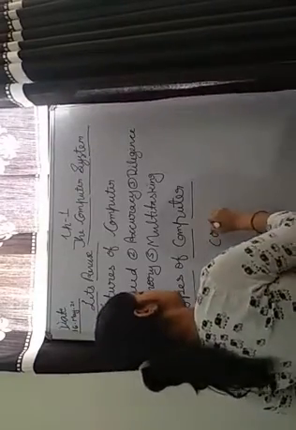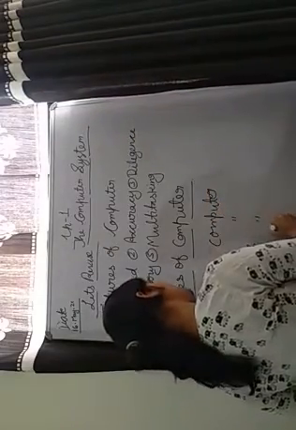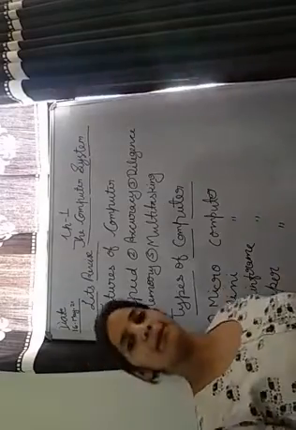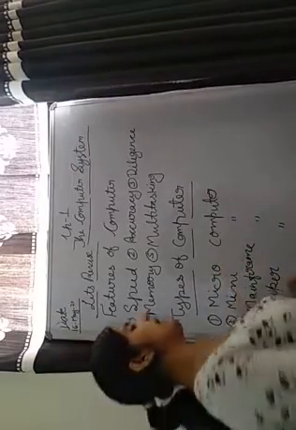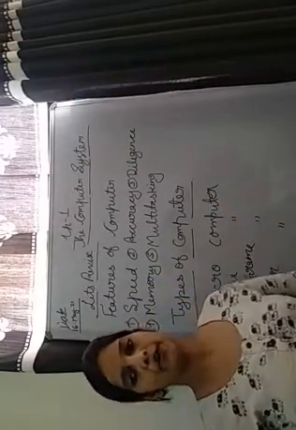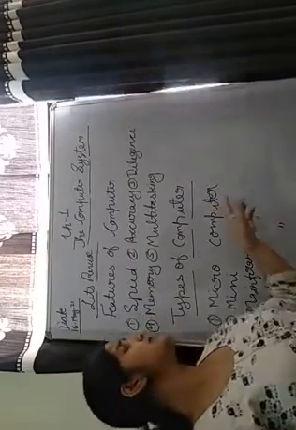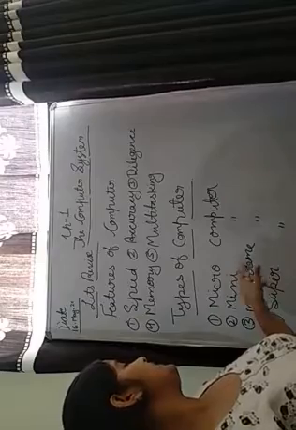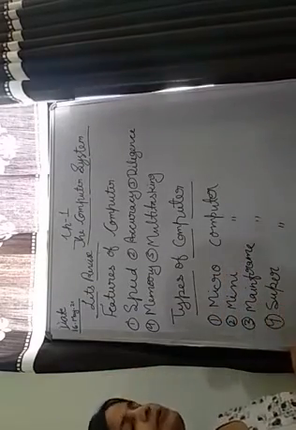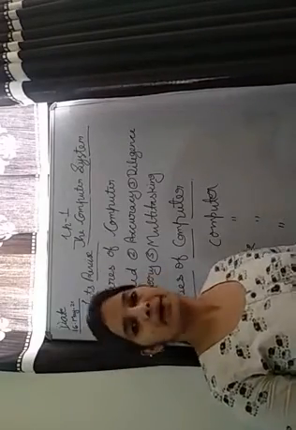Now, beta, remember, the computer we are using these days comes in the category of microcomputer. Means in the microcomputer there are desktop computer, laptop computer, tablet computer, and the smartphone. And so student, look, these 4 types of computer we can categorize according to their size, their power, their strength.